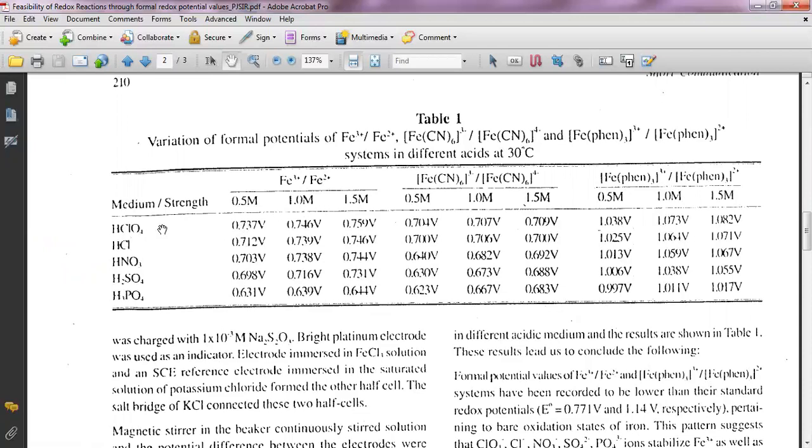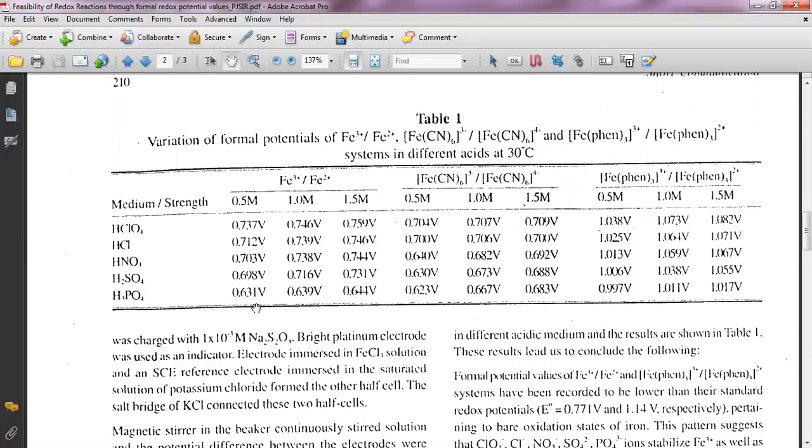The interesting thing is when you change the acid, the potential also varies. It is highest in the presence of perchloric acid and least in the presence of phosphoric acid. Again, very interesting. As a chemist, you can change the potential, and if the potential is changed, you can also change the spontaneity of the reactions.